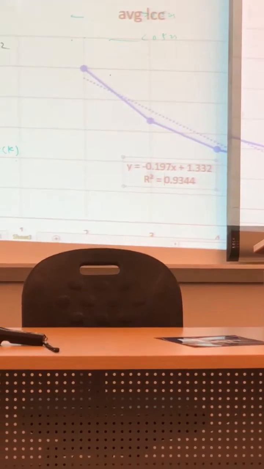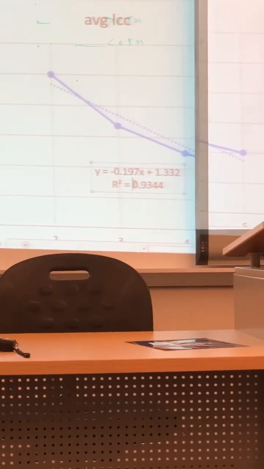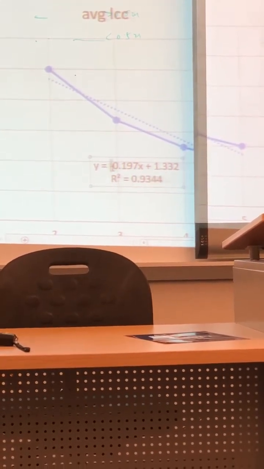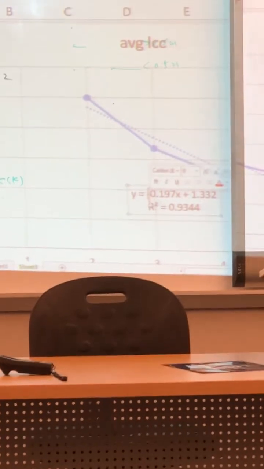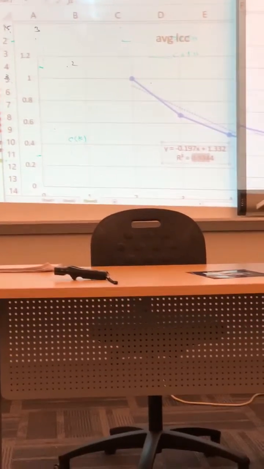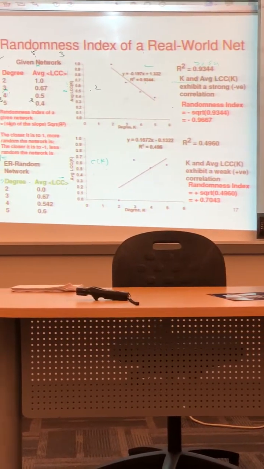The randomness index is basically the R square value, taken with the sign of the slope. It's a negative slope, so the randomness index for this network is going to be negative.